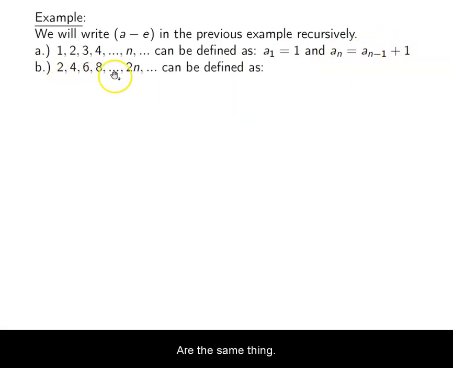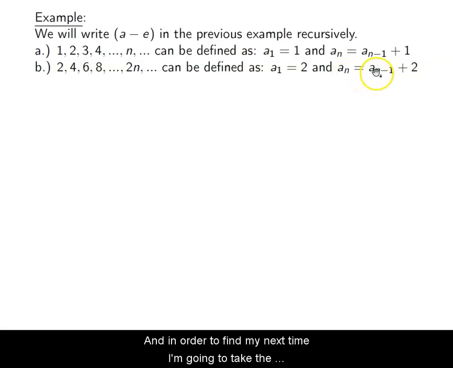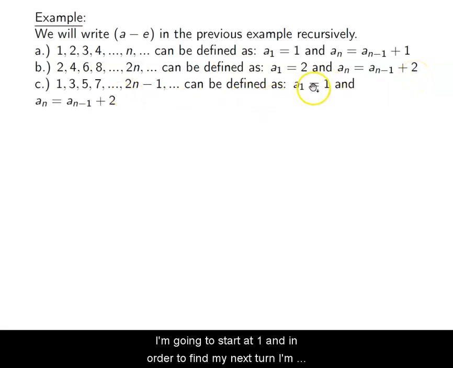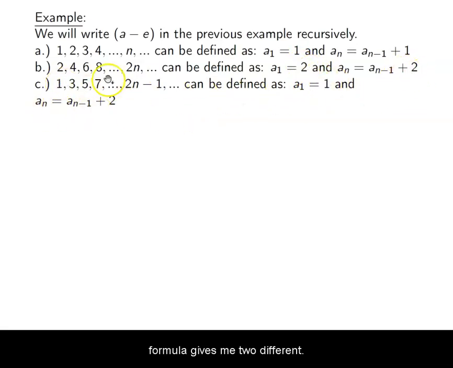Okay. Here, the same thing. I'm going to start at 2. And in order to find my next term, I'm going to take the term I was at before and I'm going to add 2 to it. Right? Same thing here. I'm going to start at 1. And in order to find my next term, I'm going to add 2 to the last term. So you see how changing the starting point, but the same recursive formula, gives me 2 different equations.